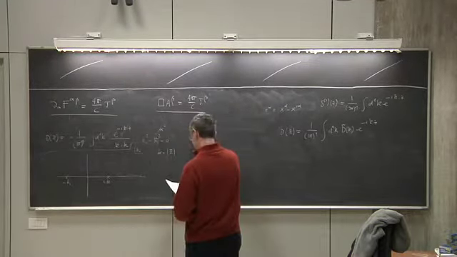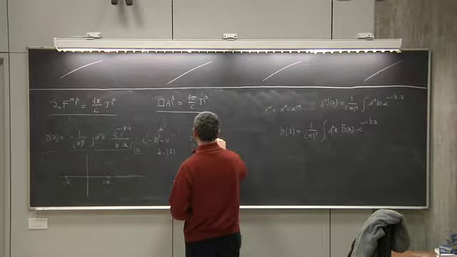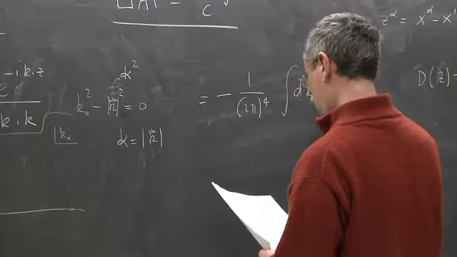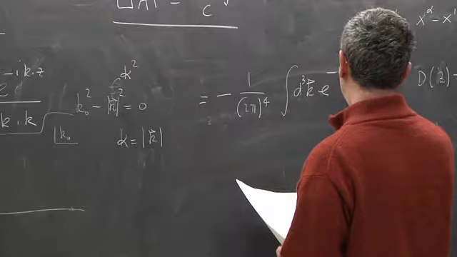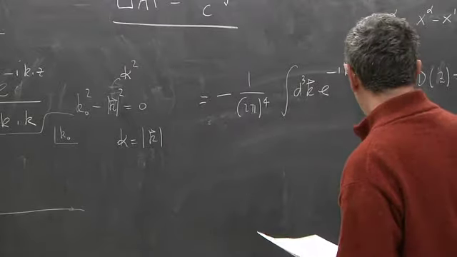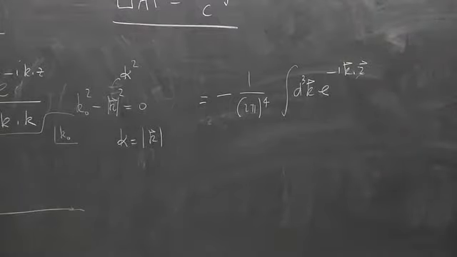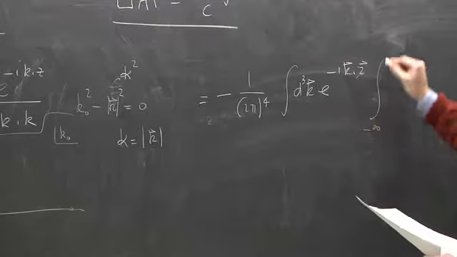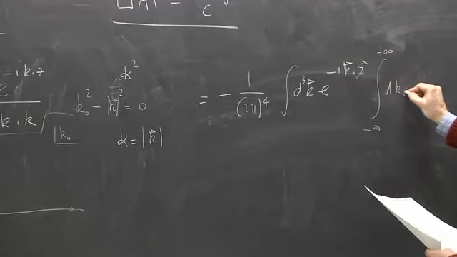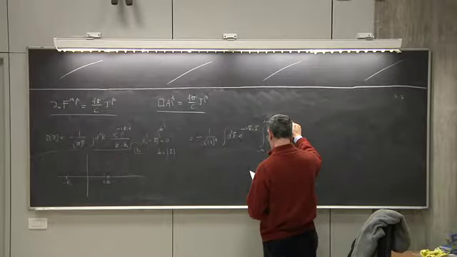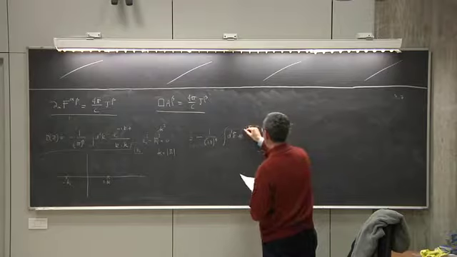So this integral is minus 1 over (2 pi)^4. Then you have the three-dimensional integration, and then you have this singular integral that goes from minus infinity to plus infinity over k naught.